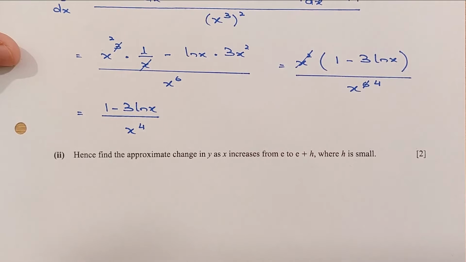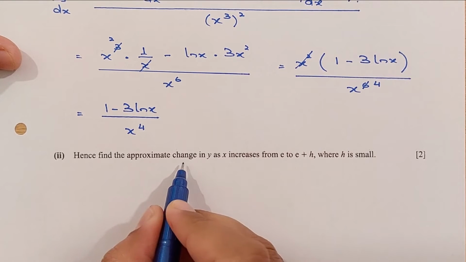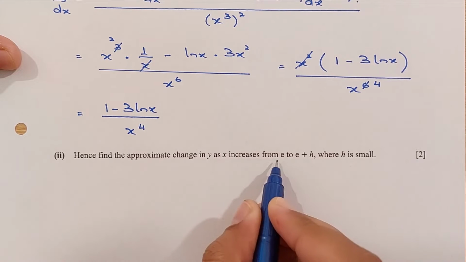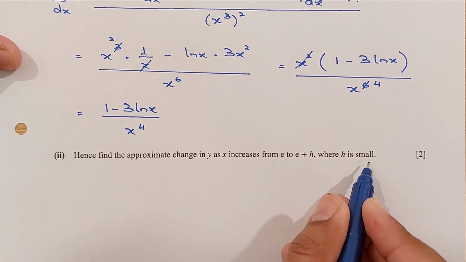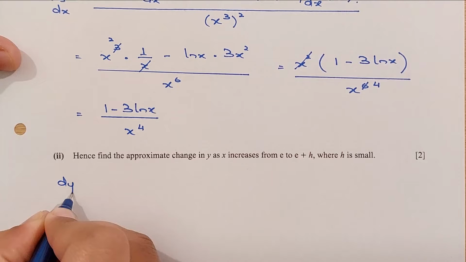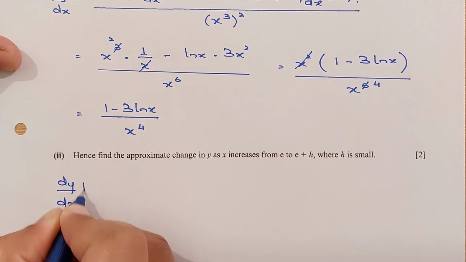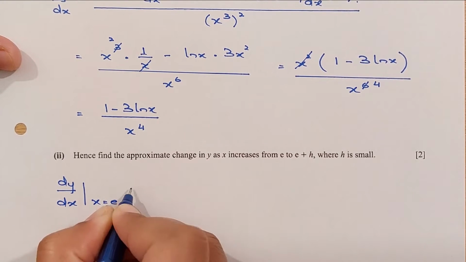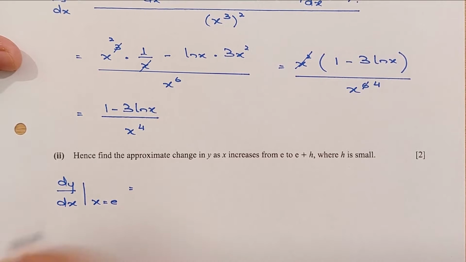Now for the second part, hence find the approximate change in y as x increases from e to e plus h, where h is small. This means we need to find dy by dx at x equals e and multiply the answer by h.